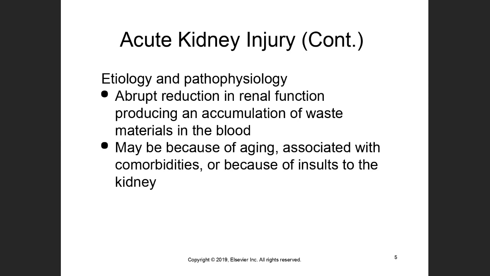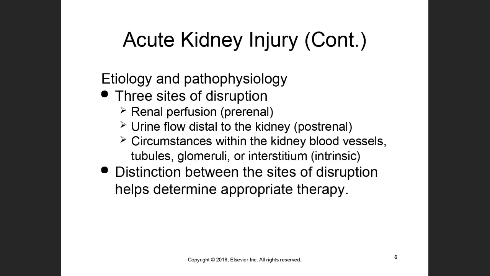Etiology and pathophysiology: a broad reduction in renal function, producing an accumulation of waste material in your blood. BUN and creatinine. That's why when the patient reaches end stage renal disease, they have to go to dialysis, because those products produce a lot of problems in your body, and you have to get rid of those waste materials.